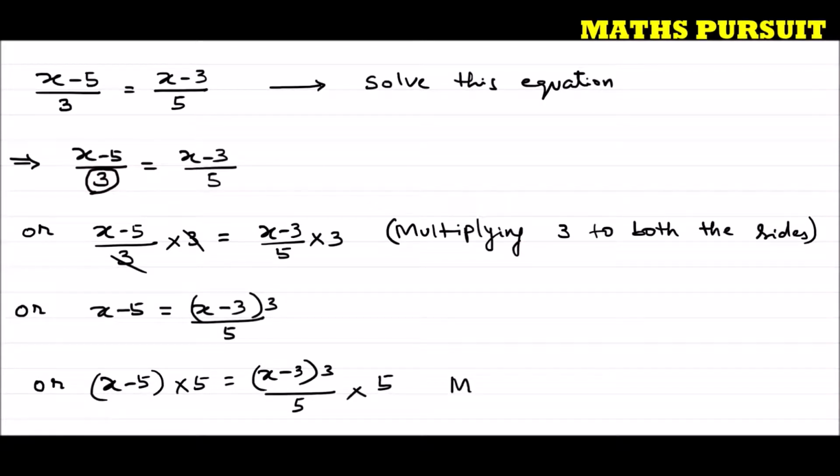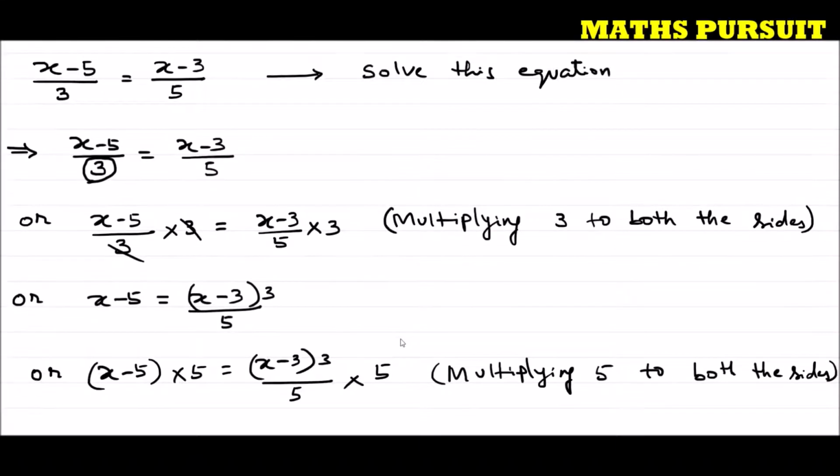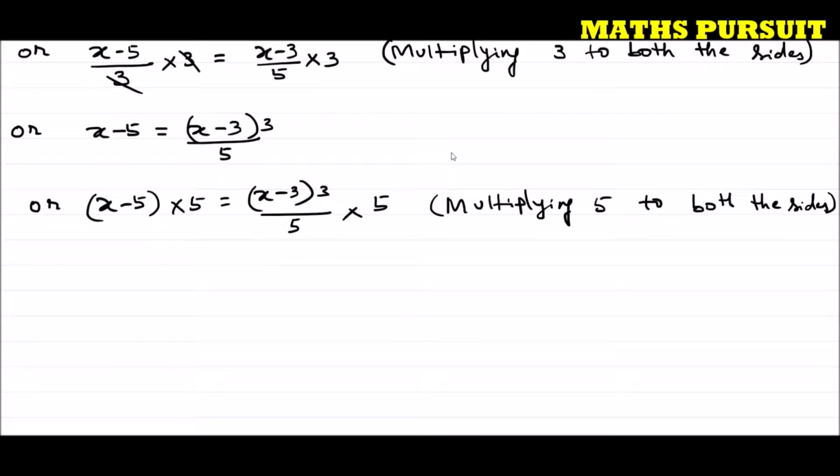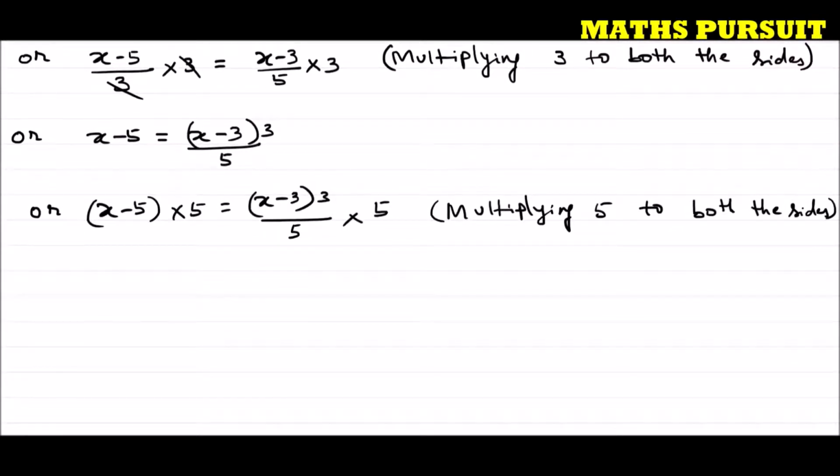What I am doing here? I am multiplying 5 to both the sides. And you very well know why I multiplied 5 here. As I told you earlier, our first aim should be to remove the 5 and the 3 from the denominators. So at first we removed 3, and now we are multiplying 5 to remove 5.